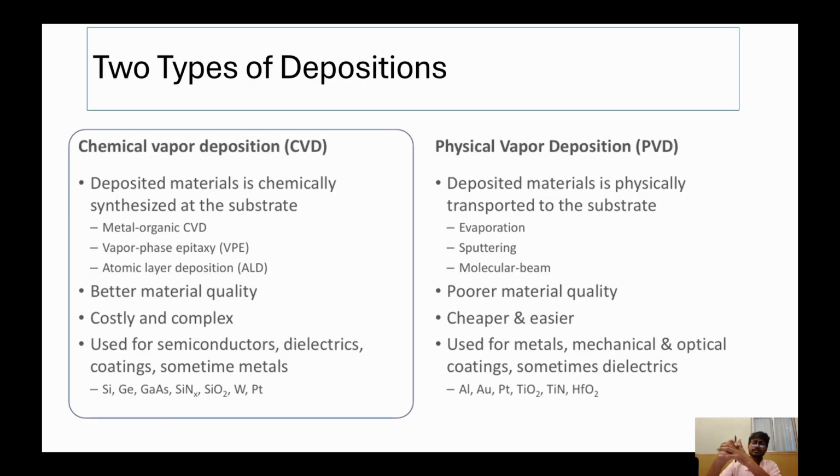There are mainly two types of deposition: one is chemical vapor deposition and another is physical vapor deposition. In chemical vapor deposition, we take the substrate, and the material we would like to deposit reacts at the surface of the substrate and gets deposited over it.